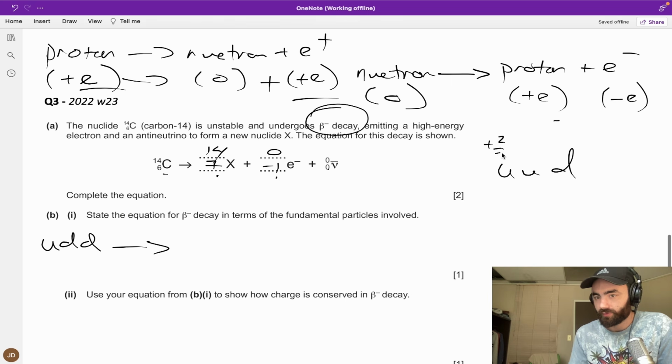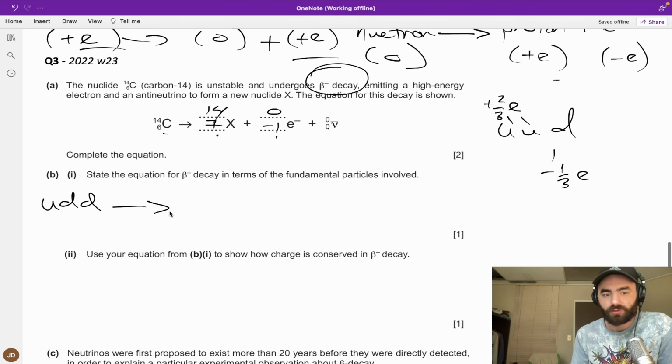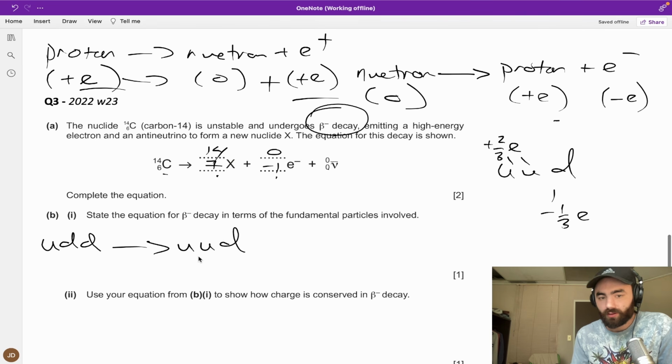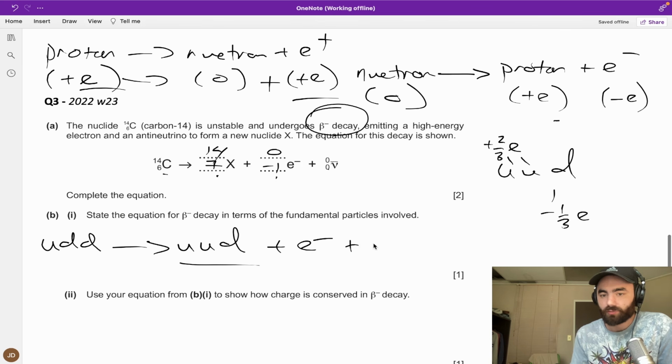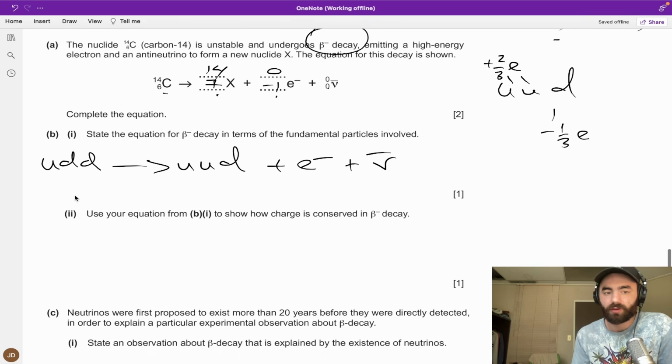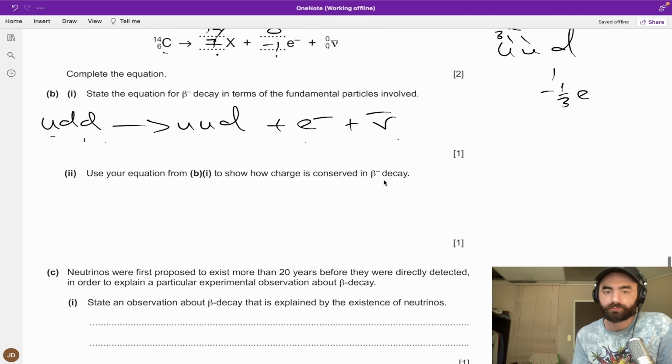Each up is plus 2 over 3e, which gives 1 1/3, and then the down is minus 1/3 e, giving an overall charge of plus e. So this goes to up, up, down, this is our proton, plus our electron, and also plus this antineutrino. These are all the fundamental particles involved: the quarks, the electron, and the neutrino.